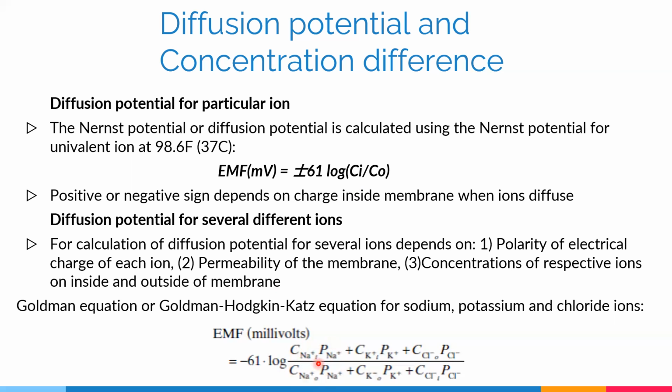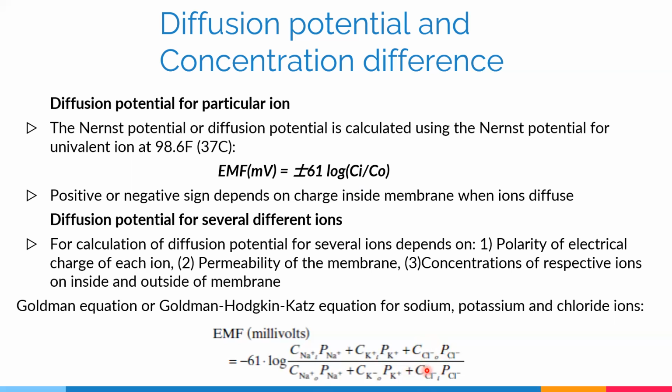And thus the equation takes this form, that is, for only sodium, potassium and chloride ions, we have the concentration of sodium inside the cell into the permeability of sodium, plus the concentration of potassium inside the cell into the permeability of potassium, plus the concentration of chloride outside the cell into the permeability of chloride. We can see there is a difference for chloride itself.